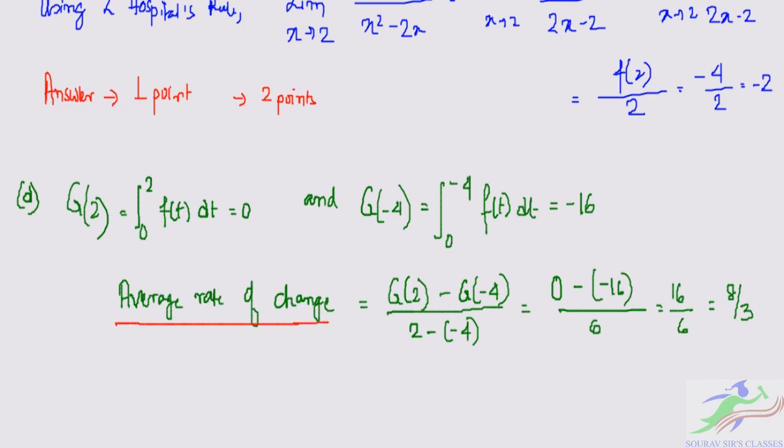Now we have to justify the answer. First, we can write that g prime of x is equal to f of x for all x in the interval.